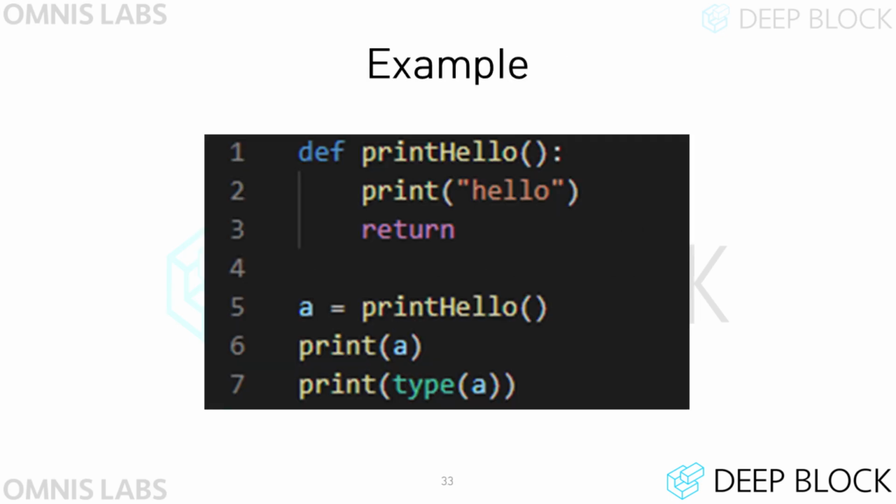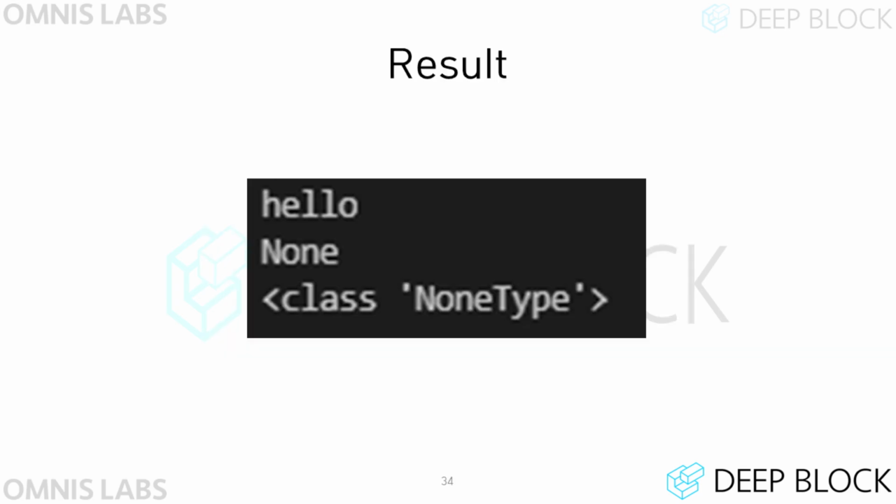Let's look at an example where NoneType is returned. Let's run the program on the side and check the result. If you run the program shown in the previous slide, the following result is printed. First, printHello is called to return the value to a variable a. And in the first line of this function, hello is printed.